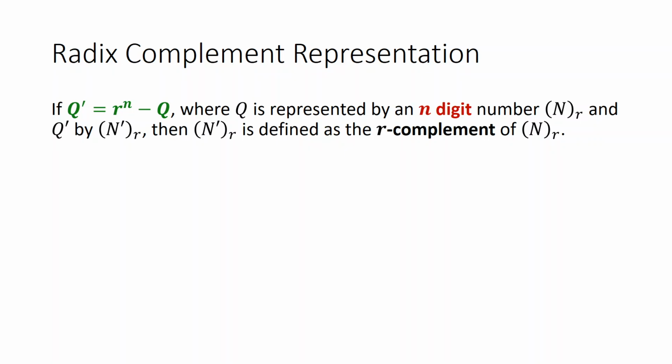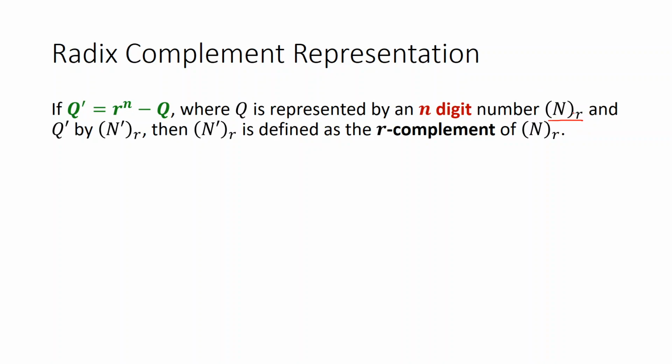where q and q dashed definitely are two values, then if this value q is represented by the n digit number capital N in the r radix system, n is a number, so there would be several digits placed one after another.